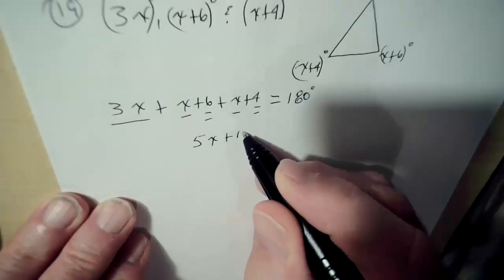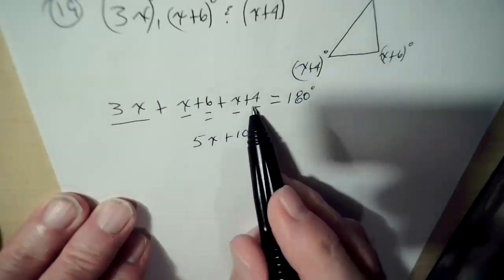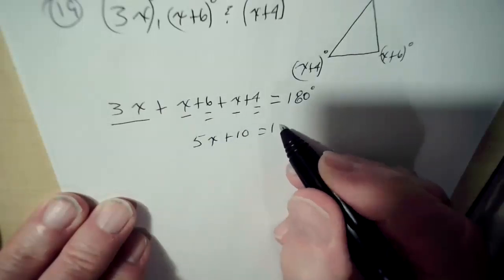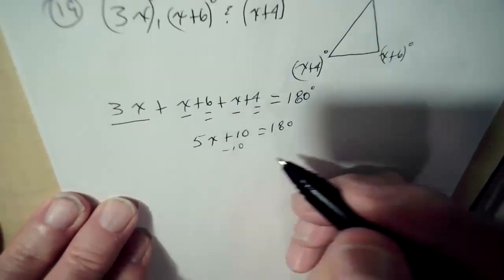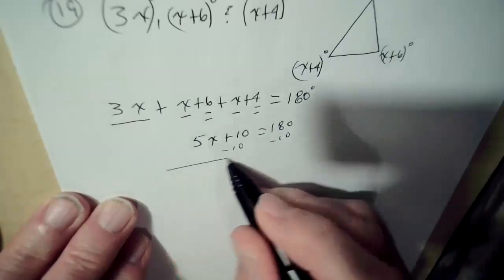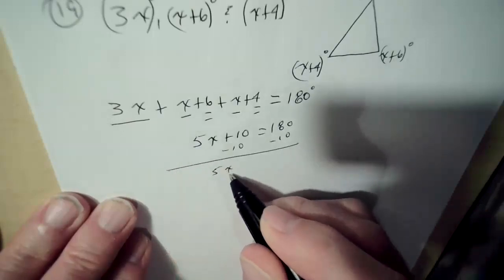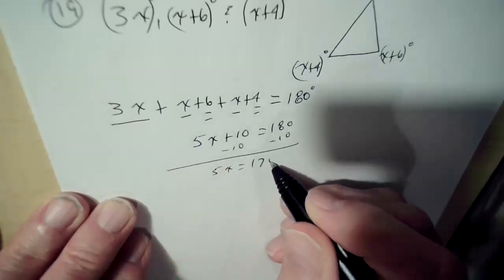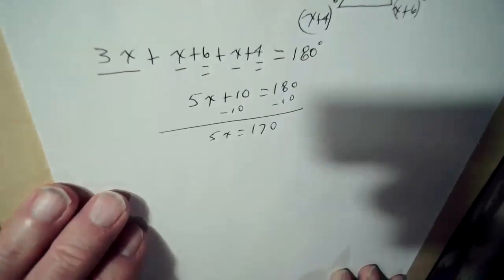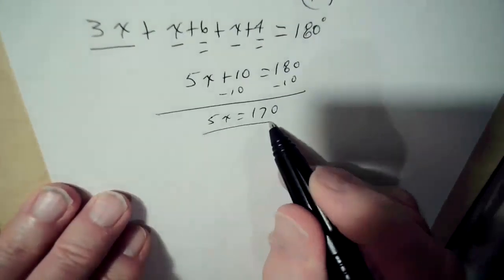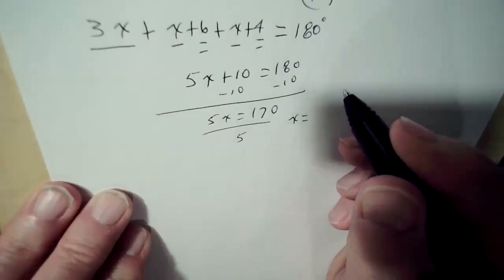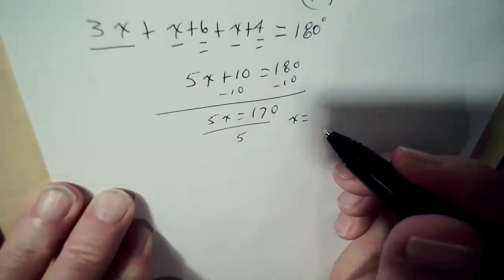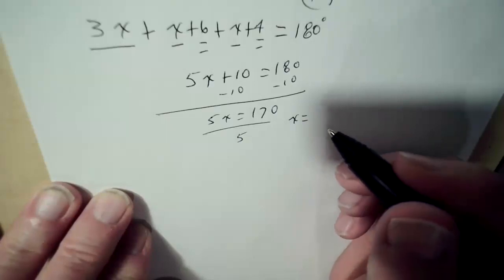So 5x plus 10, 6 and 4, equals 180. Now we have a real simple algebra problem. Subtract 10 from each side, and we get 5x equals 170. Divide everything by 5.